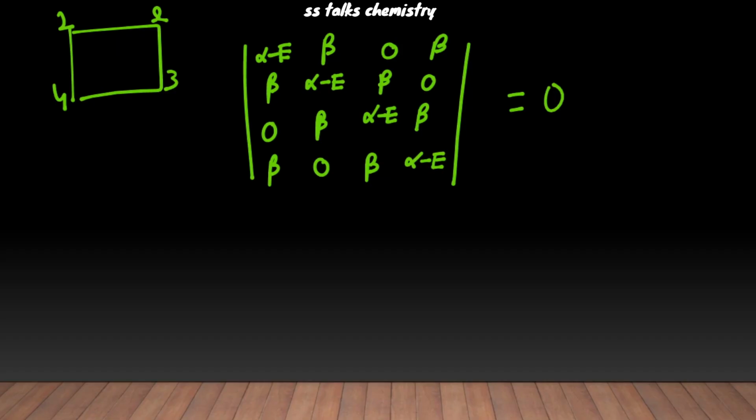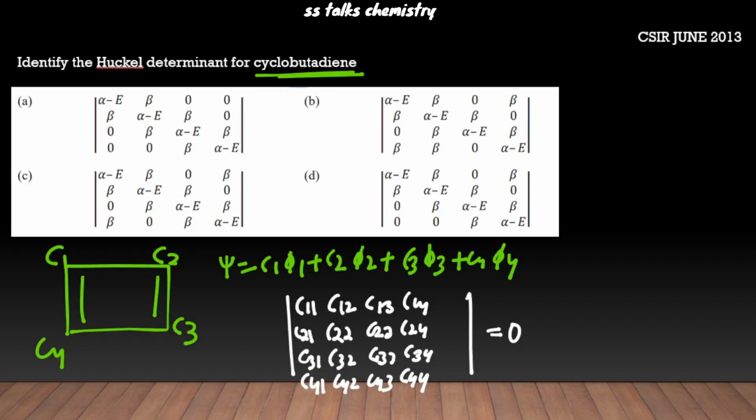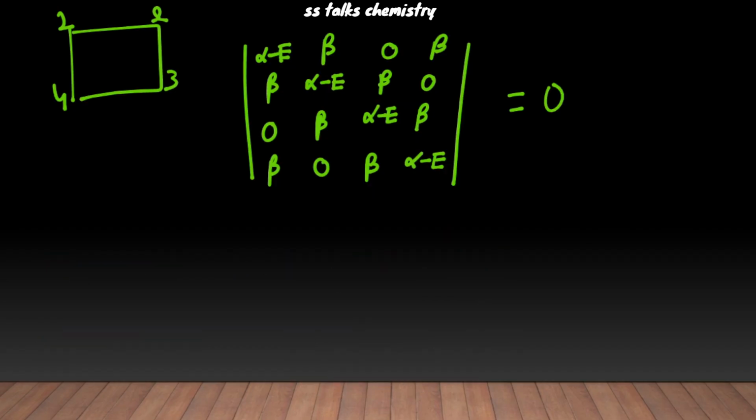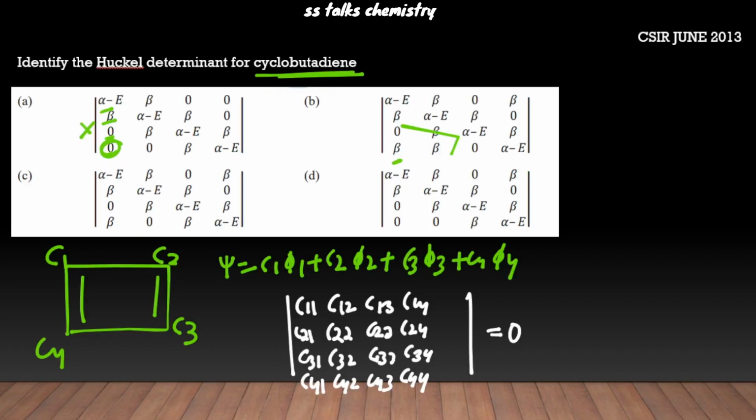Okay, so the first row is alpha minus E, beta, 0 and beta. Here it is 0, so that option is incorrect. Alpha minus E, beta, 0 and beta, the first row is correct. The second row we are getting is beta, alpha minus E, beta and 0.